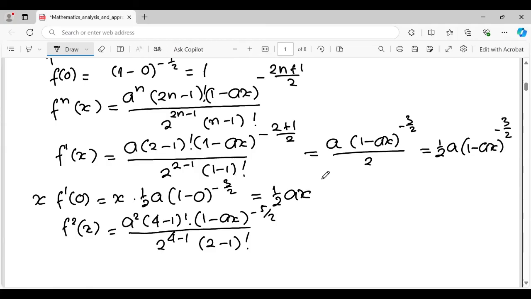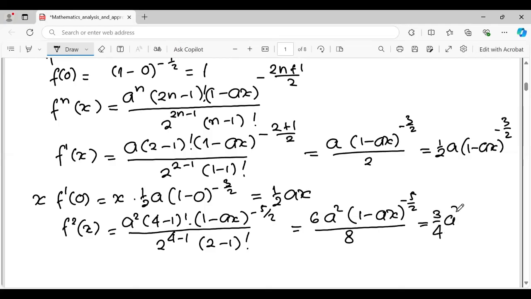This is a squared times 3 factorial, which means 6a squared (1 minus ax) to the power minus 5 half over 8. So 6 over 8, or 3 over 4, a squared (1 minus ax) to the power minus 5 half.